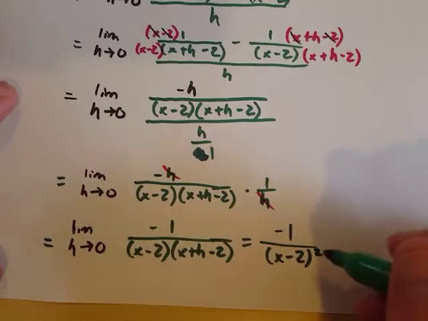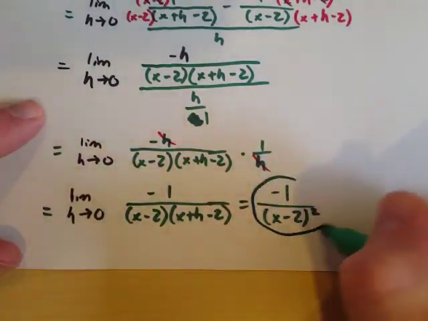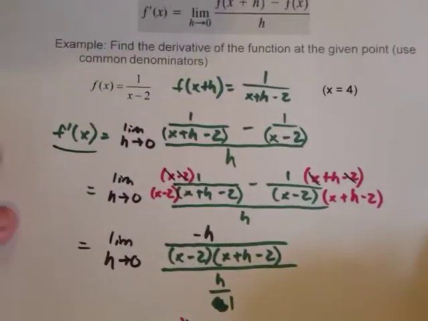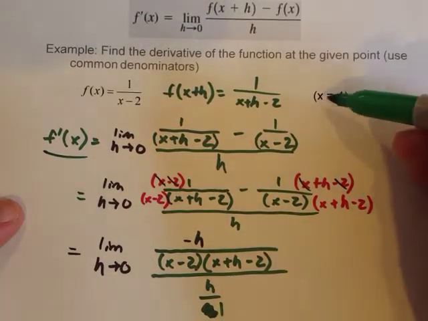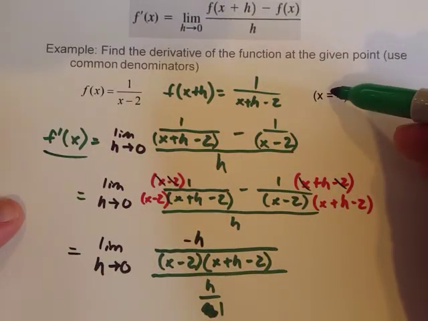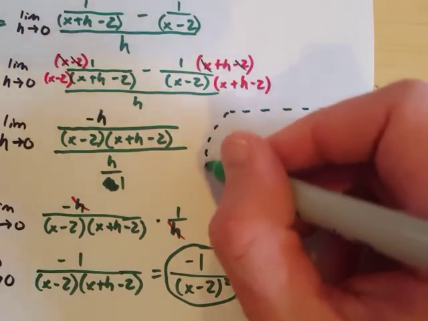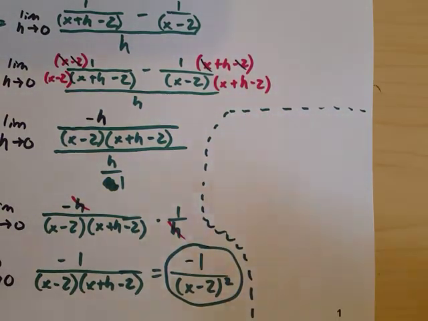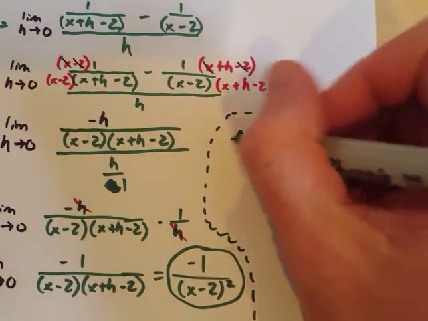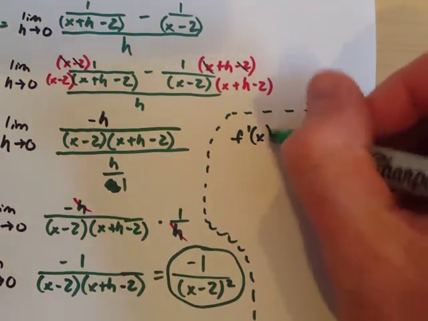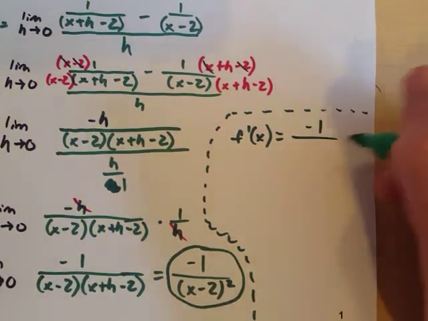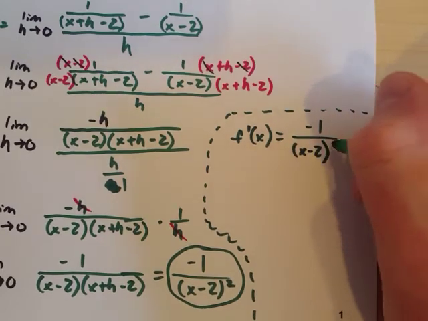So this is our derivative. It's f prime of x equals this. And so now our goal in this case was to find the slope when x is equal to 4. So I'm going to put this off to the side now. This will be the last thing that we have to deal with in this problem. And so we have, like I said, f prime of x is equal to negative 1 over x minus 2 squared.